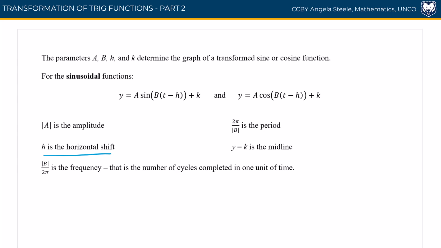It is with the input, so the input is our t value, and then the h is subtracted from that. So the horizontal shift, also sometimes called the phase shift, I'm going to write that on here, phase shift. And what that does is it moves the graph left or right.